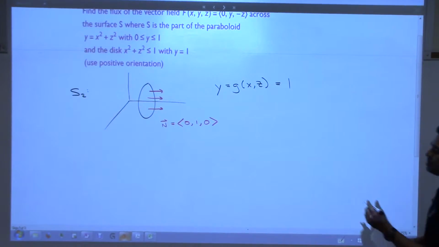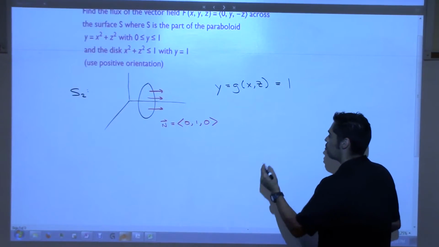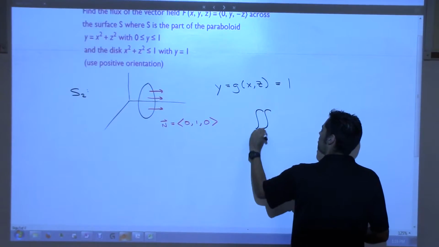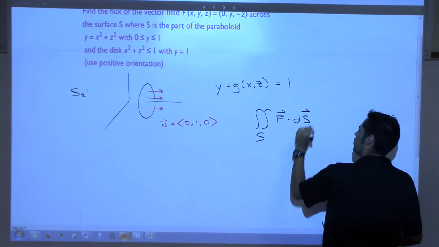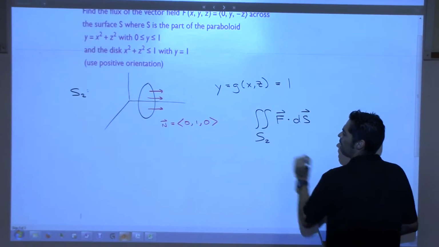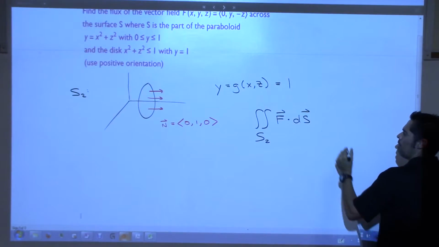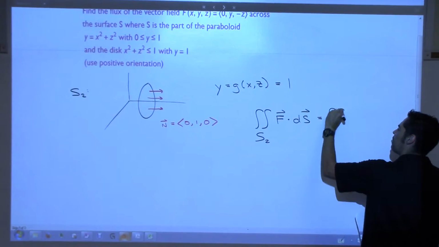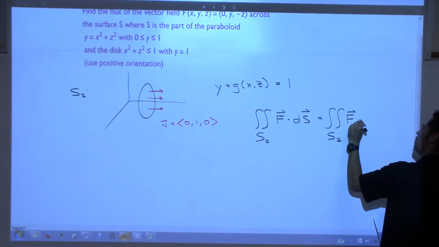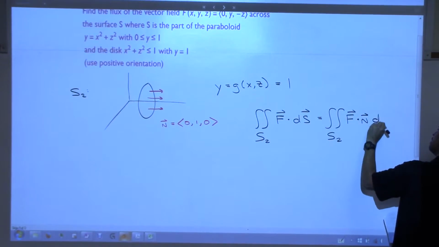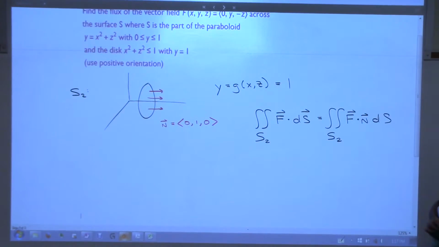That's only because of the way it's oriented. So instead of using the formula we just used in the shortcut, I'd like for us to entertain this for the first time. I have not shown you one of these yet. That's why I'm doing it. Okay, we're going over S2 right now. I'm going to use the formula that looks like this: F dot n dS. So that is one of our formulas.